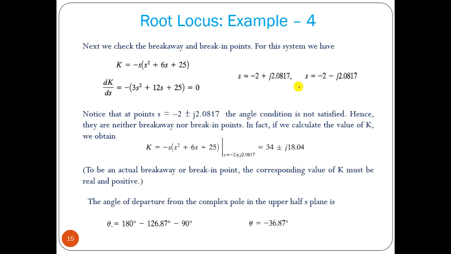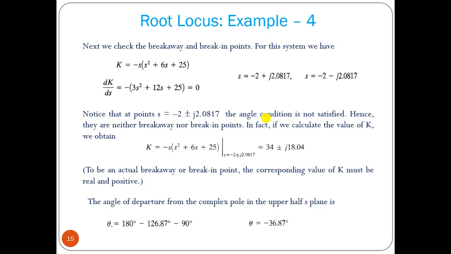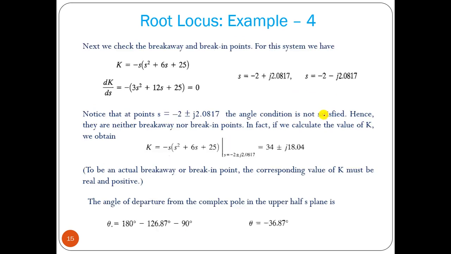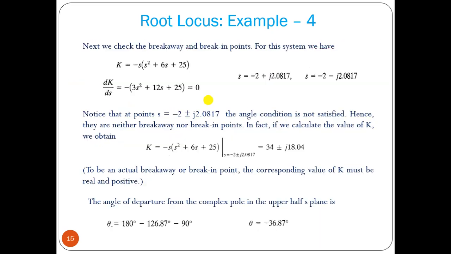So now we have to find out the breakaway point. If we want to find the breakaway point, we cannot see any breakaway point from that, right? So let us solve it. From that equation we can find k equal to what, then dk/ds equal to 0, and both s values are complex. If we put the s value in this k equation, we find the values are complex only.